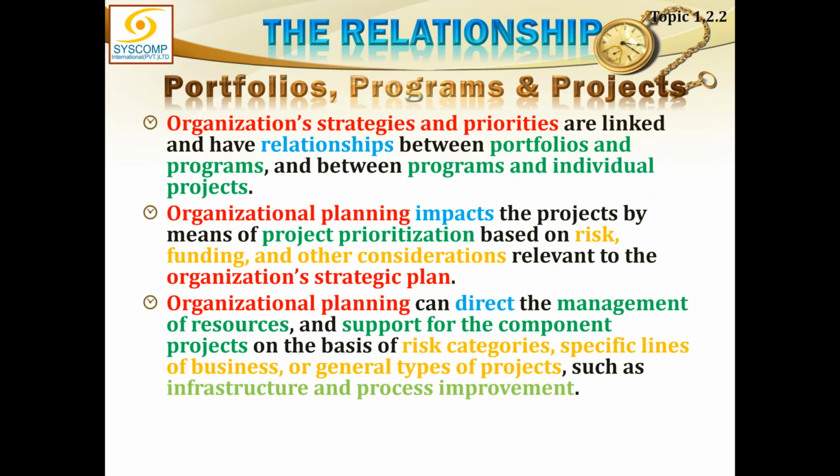And the third thing is, it can direct the management of resources. The allocation of resources, especially the strategic resources, naturally from various points of view, from risk point of view, other purposes. This support the component project on the basis of risk categories, specific lines of business, or general types of projects such as infrastructure or process improvement.